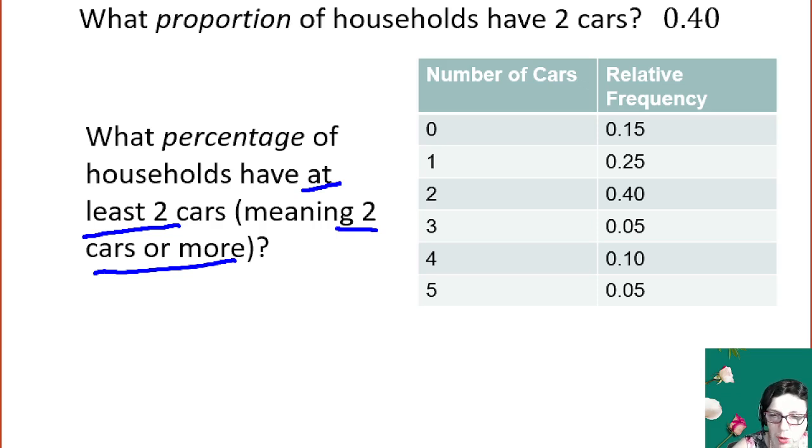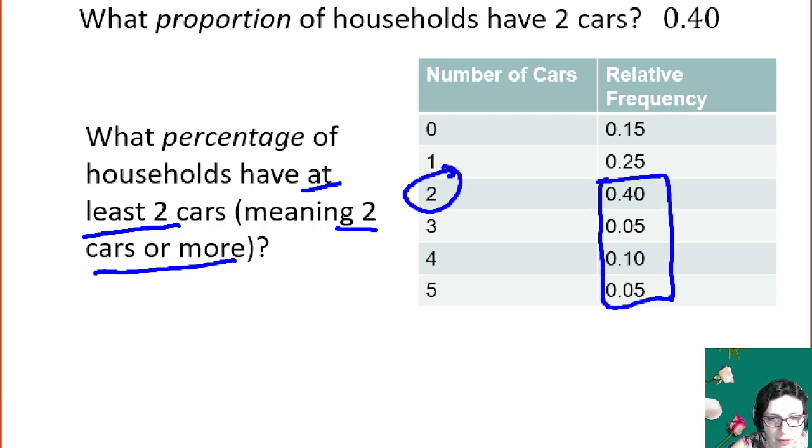What that means is you're going to take all relative frequencies starting at 2. This is a very common mistake. People think that 2 is not included. Note the difference between at least 2 and more than 2. If it's at least 2, it's 2, 3, 4, 5. But if they said more than 2, then 2 would not be included. So it's just going to be 3, 4, and 5. Okay?